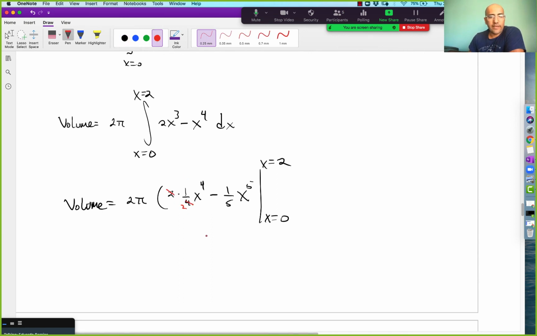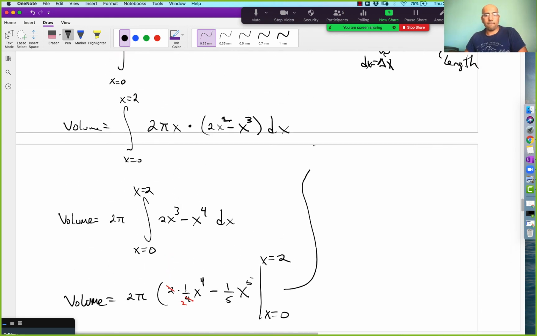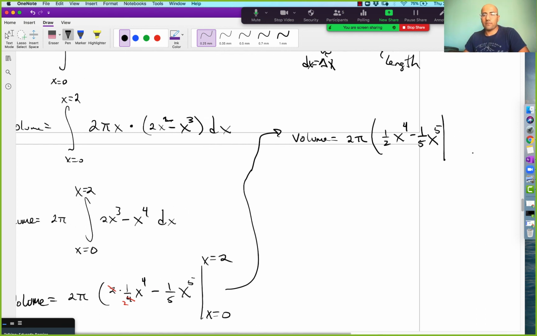Bam, bam, that gives me a half. This will mean that the volume is equal to 2 pi, and then 1/2 x to the 4th minus 1/5 x to the 5th, evaluated from 0 to 2.